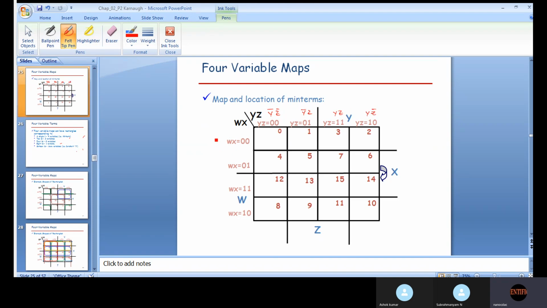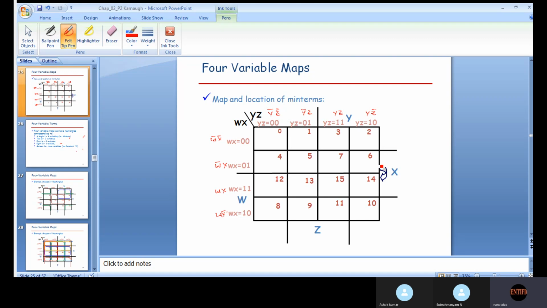Similarly, with wx you can take a b c d also. This is representing w bar x bar, then w bar x, wx, and w x bar. See here the position location of minterms: 0 1 2 3 and 4 5 6 7.